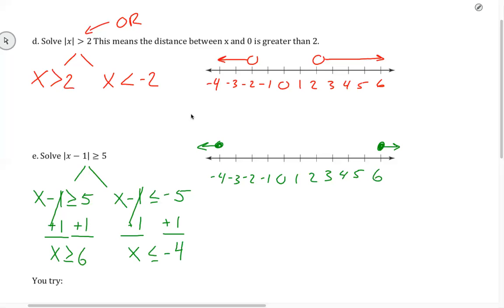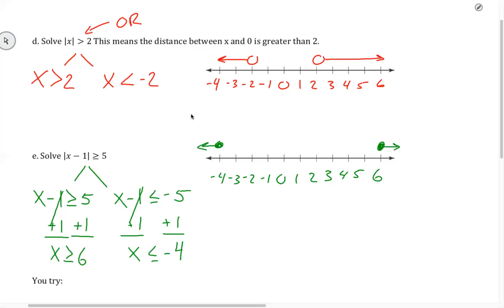Sophie said the and or kind of tricks her up still, right? So you have two inequality symbols, greater than or less than.